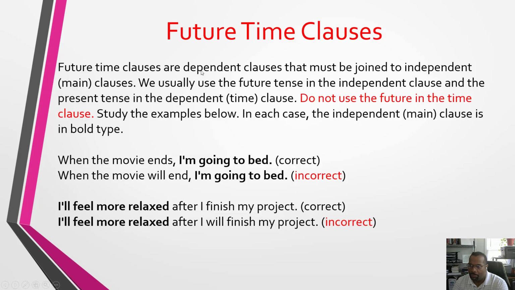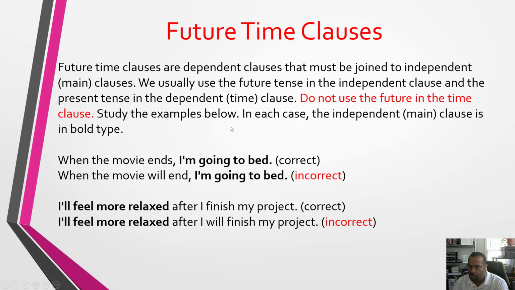Future time clauses are dependent clauses that must be joined to an independent or main clause. We usually use the future tense in the independent clause and the present tense in the dependent or time clause. Do not use the future tense in the time clause.